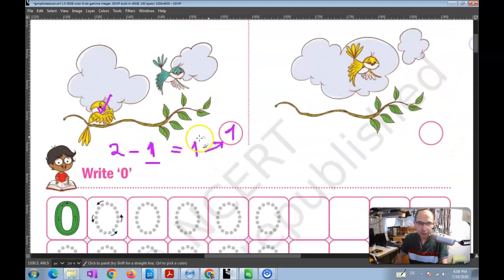And the 1 bird that we had over here flies away, and then what remains is 0 birds. So that's a 0 over here.